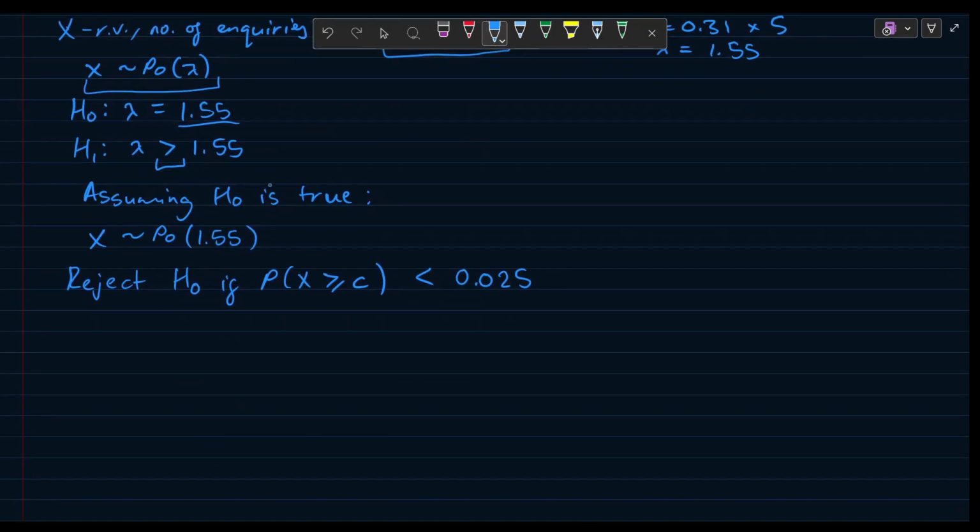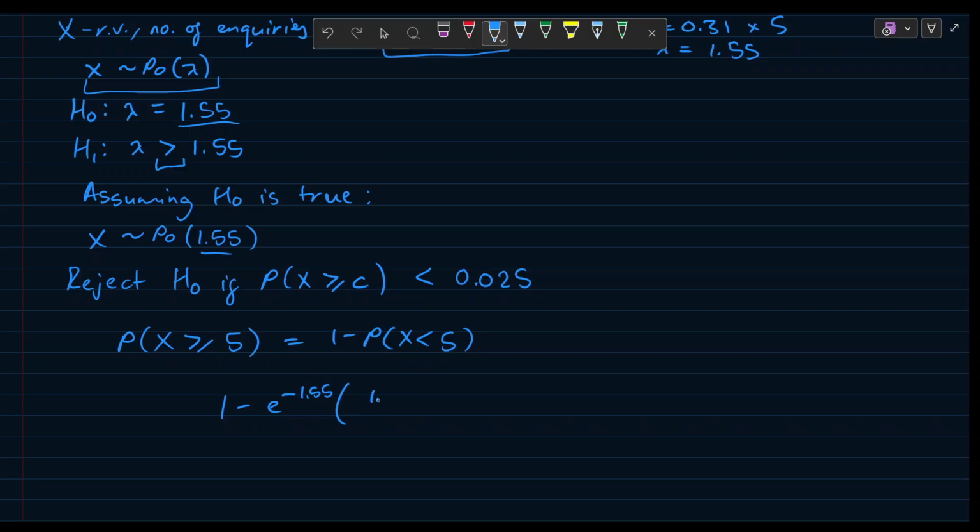So let's evaluate the probability that x is greater than or equal to 5. We can again write this as 1 minus the probability that x is less than 5. So this will be 1 minus e to the negative lambda, which is 1.55, and we want x is 4, x is 3, x is 2, x is 1, and x is 0.